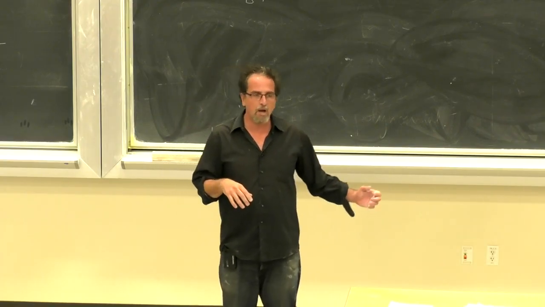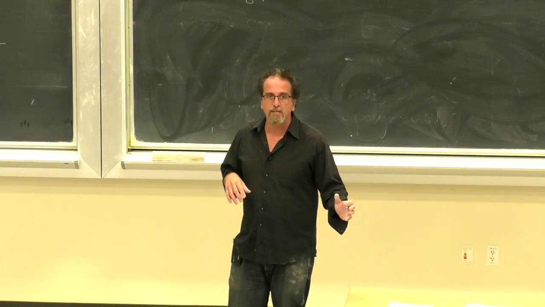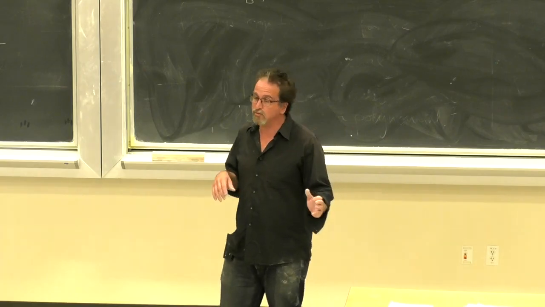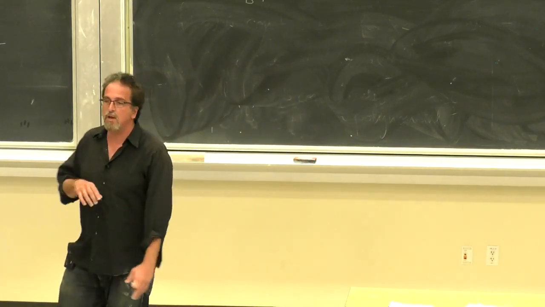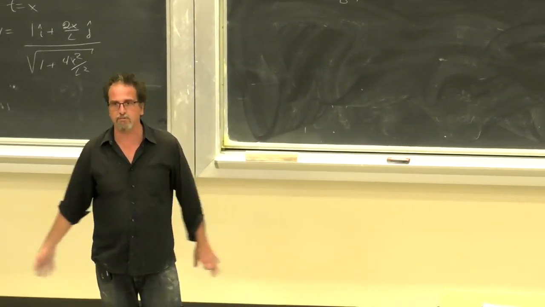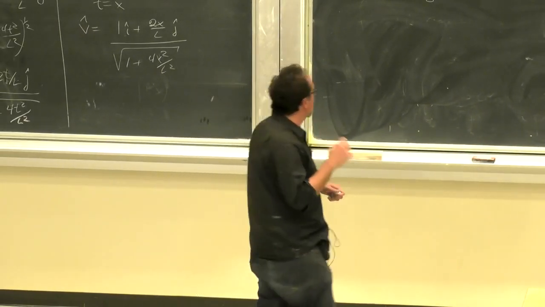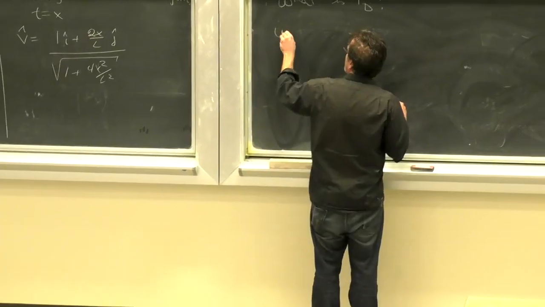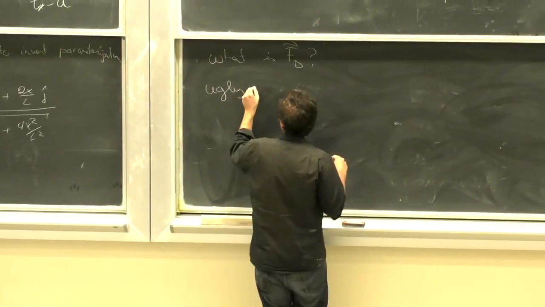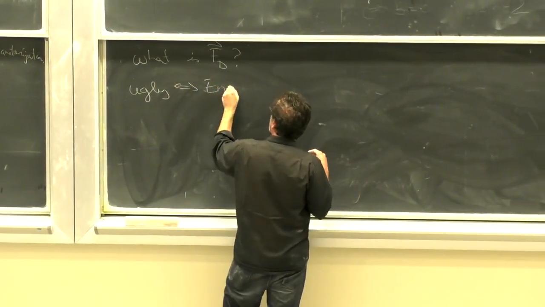Because when an object goes slowly, there's one kind of drag force. When it goes faster, there's another kind of drag force. And when it breaks the sound barrier, there's a whole other set of drag forces. So the drag force is a super complicated function. And so it's ugly. It's called engineering.